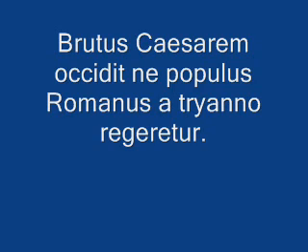Let's try it. Brutus Caesarem occidit. Simple, like Latin 1. Brutus killed Caesar. Ne populus Romanus a tyranno regeretur. In order that the Roman people might not be ruled by a tyrant. Actually, let me dispense with that auxiliary "might" here, because it will make much better English. In order that the Roman people not be ruled by a tyrant.